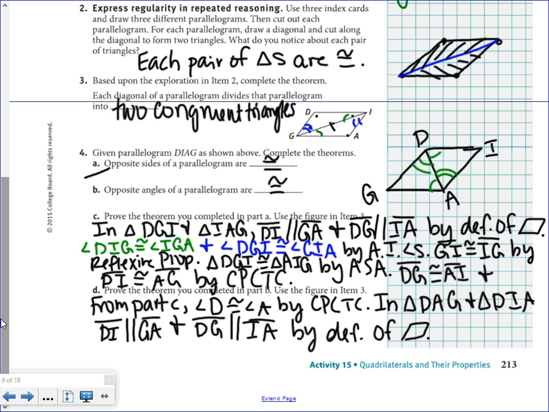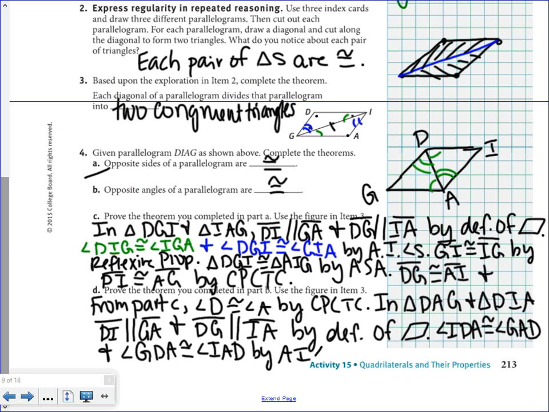And so then we can say that our angle pairs are congruent. So angle IDA is congruent to angle GAD, and angle GDA is congruent to angle IAD by alternate interior angles.